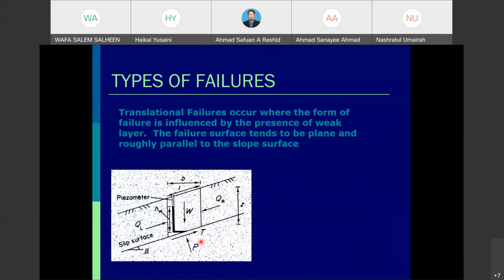The last one is translational failure, which we normally use to analyze an infinite slope. Infinite stands for infinity, meaning it doesn't have any toe and top, so we assume it has a very long length of slope surface.